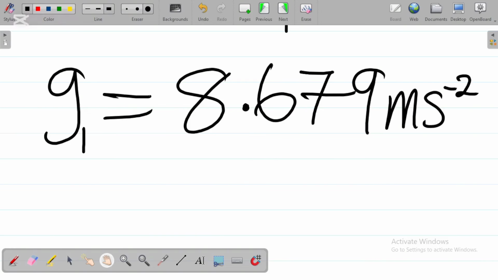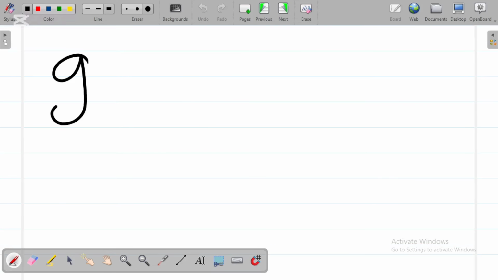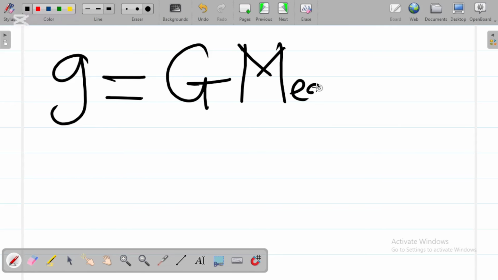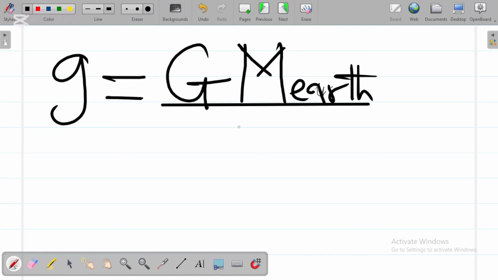All right, let me show you how we got the meter per second square. Now remember that G, which is acceleration due to gravity at surface level, is equal to gravitational constant multiplied by the mass of the earth divided by the radius of the earth raised to power 2.